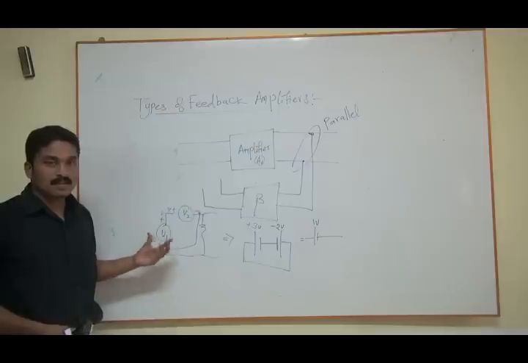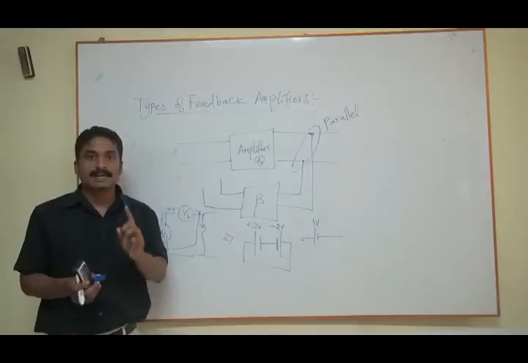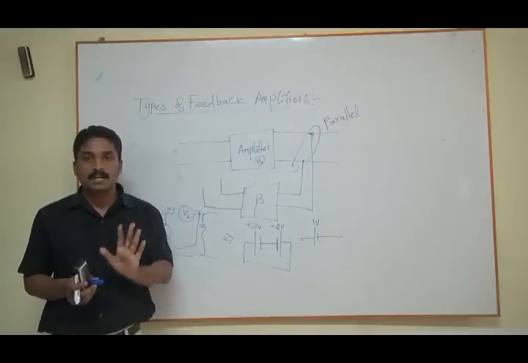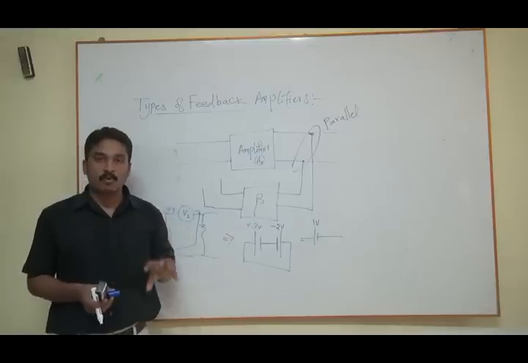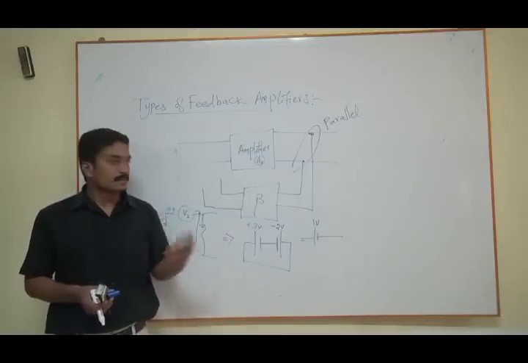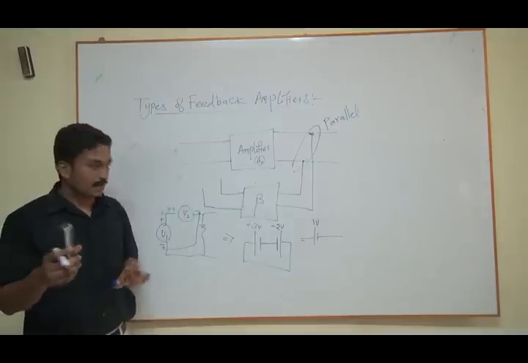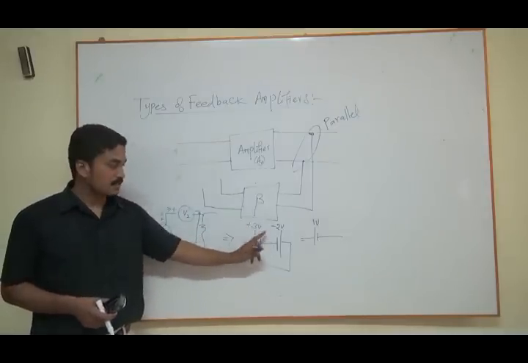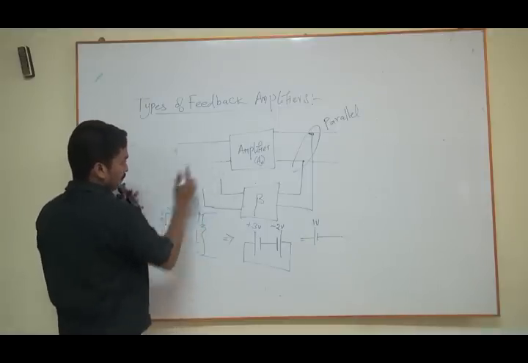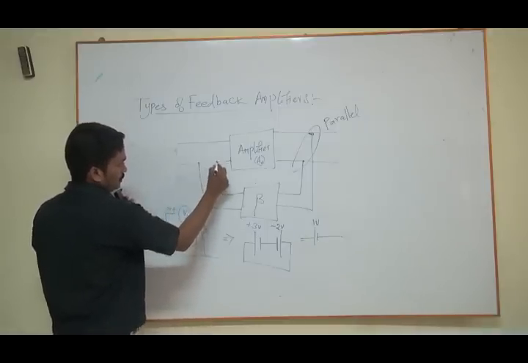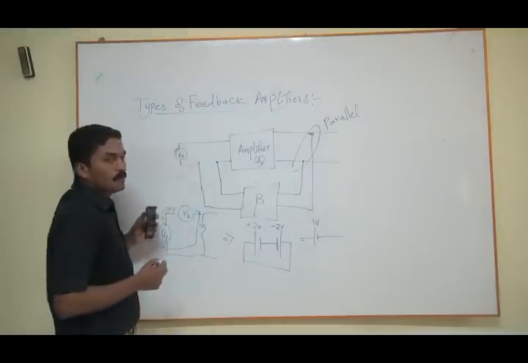Clear? And one more thing, we already studied that in a series network your current is the same but voltage drops are different. So if I want to make some changes on the input voltage, then I have to feed the signal in series with the input source. The reason you can get from this side. So if I connect that in series with the input side, then what will happen?